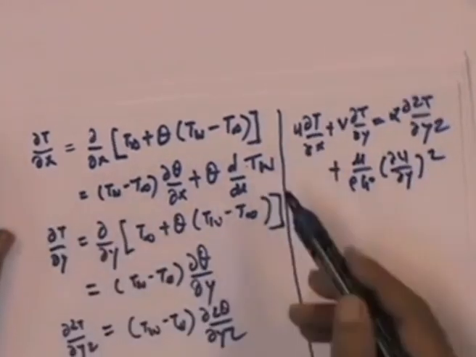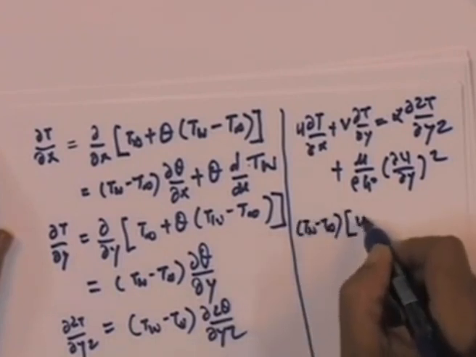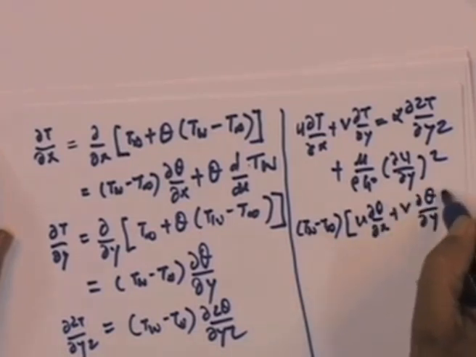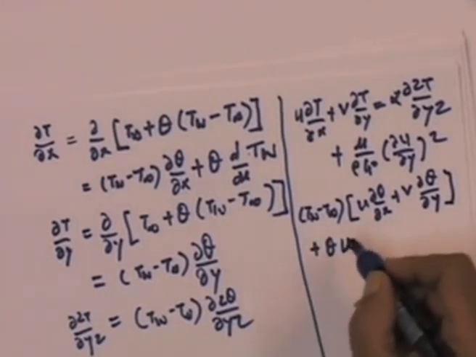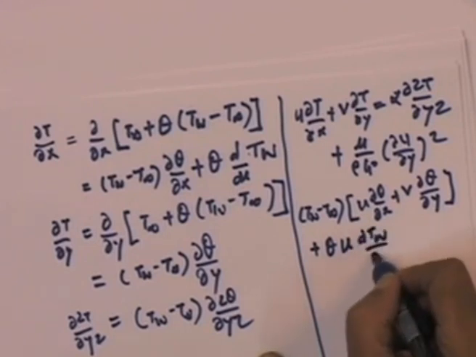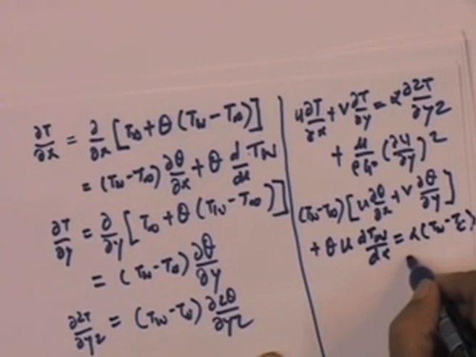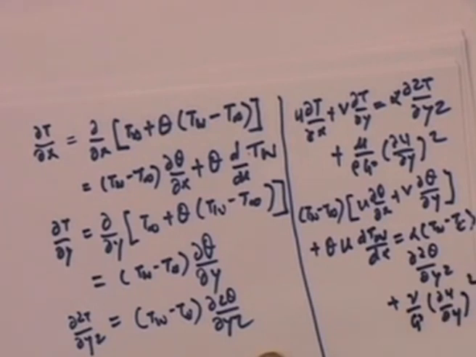If I substitute these three derivatives here, I will get T w minus T infinity into u d theta by dx plus v d theta by dy, plus theta into u dTw by dx, equal to alpha into T w minus T infinity into d2 theta by dy square, and plus nu by Cp du by dy whole square. That is what I will get.